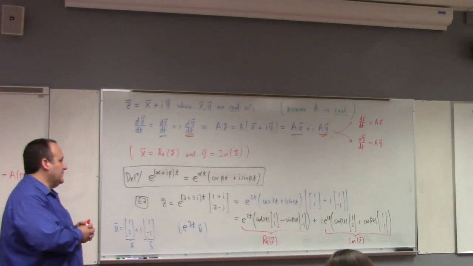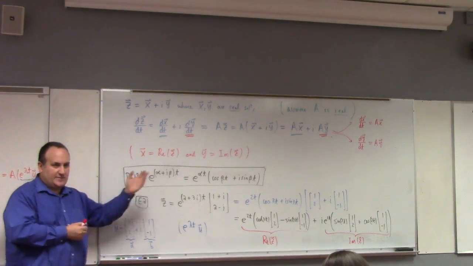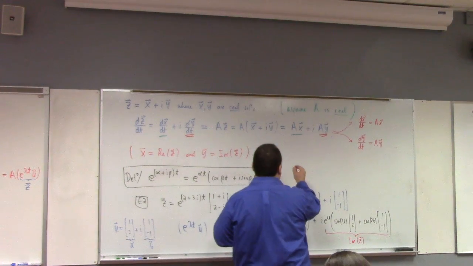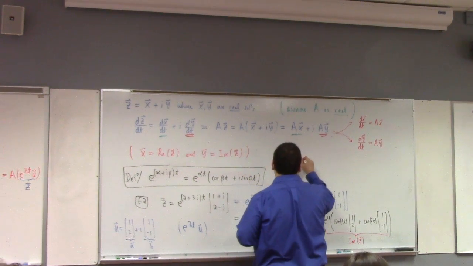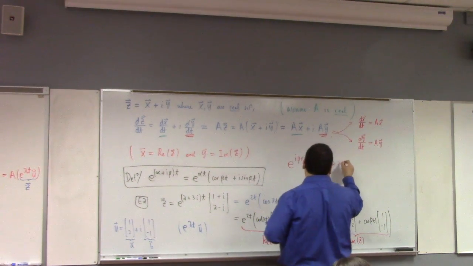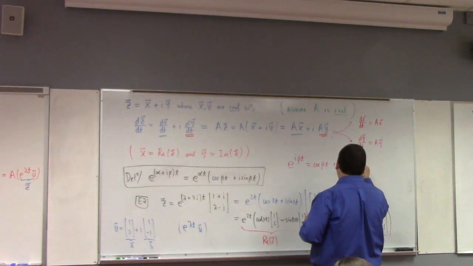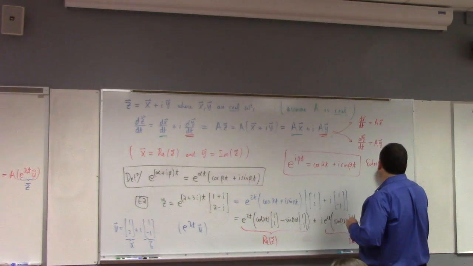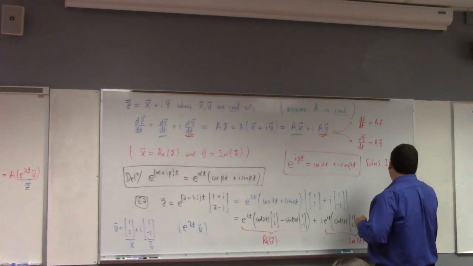So this may be your first exposure to the imaginary exponential. It depends on what other math you've taken. But generically speaking, e to the i beta t equals cosine beta t plus i sine beta t. This is known as Euler's formula, or Euler's identity. And it can be understood in any number of ways.